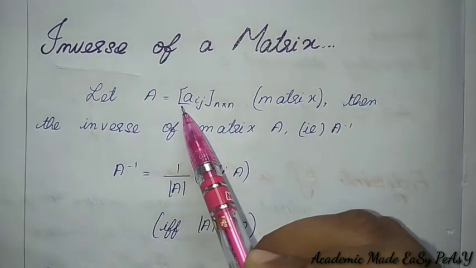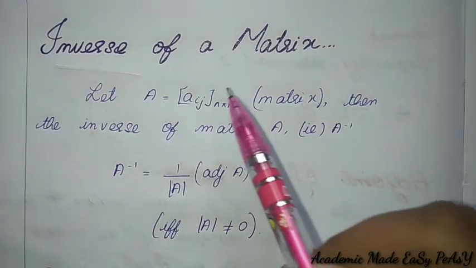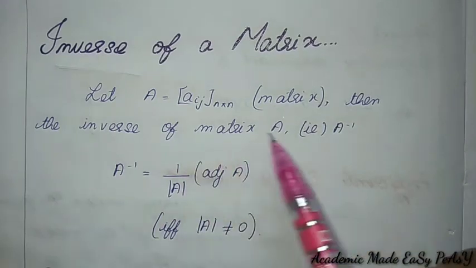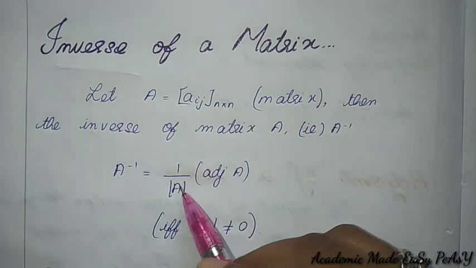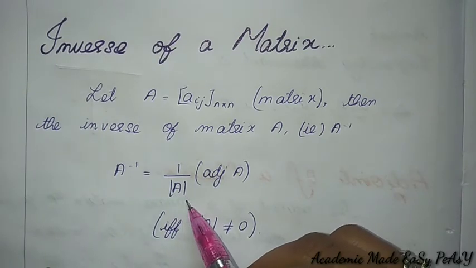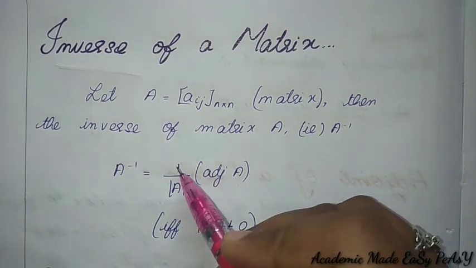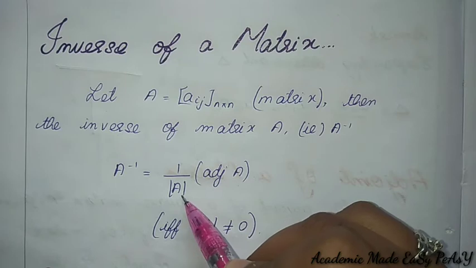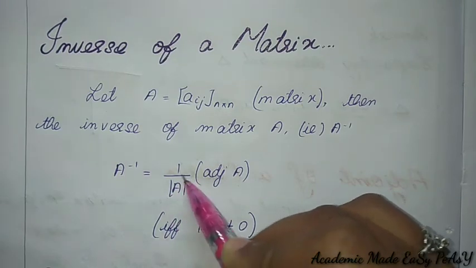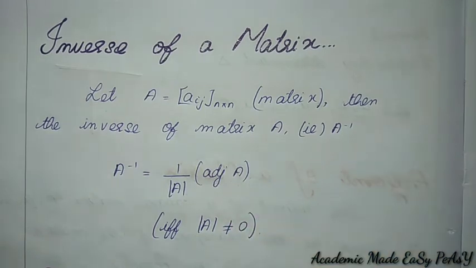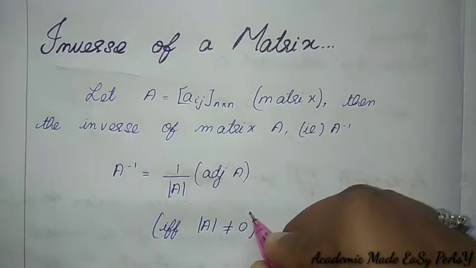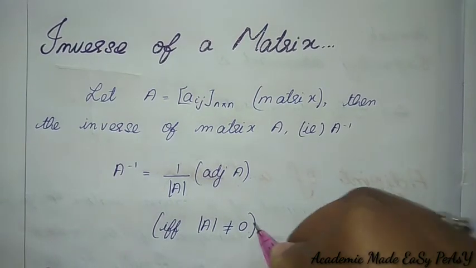Let A is equal to Aij of order n by n. Then the inverse of the matrix, that is A inverse, is equal to 1 by determinant of A into adjoint of A. So 1 divided by the determinant, we will be finding that value, into the adjoint of A. There is a condition for this: determinant of A should not be equal to 0.